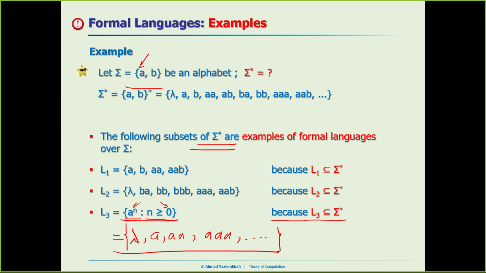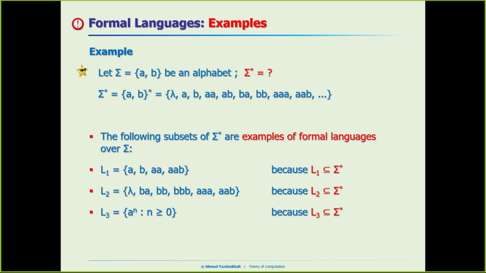For example, A is here, A here, and if you continue, A to the 4, A to the 5, and all of them are here. So L3 is a formal language because L3 is a subset of sigma star. So we already did that. We represent it with the raster method.